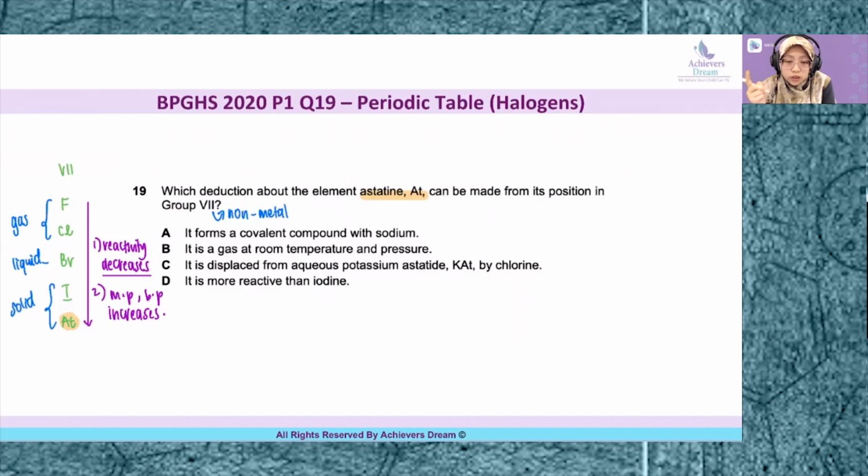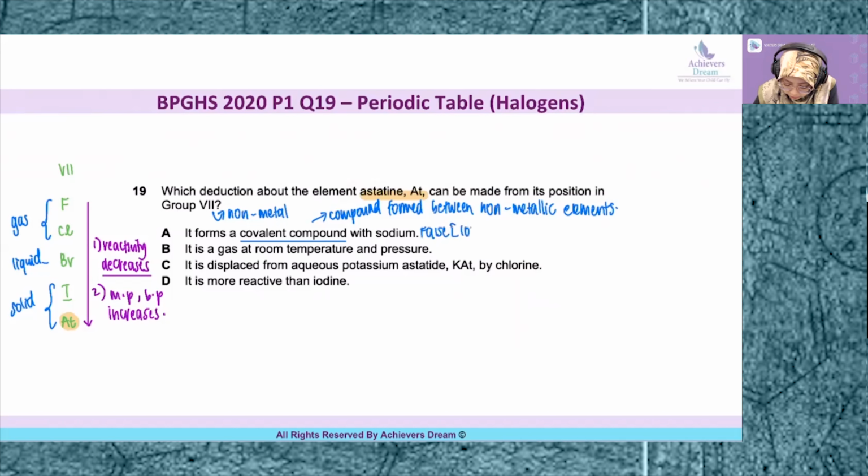A covalent compound is formed between non-metallic elements. If it is bonding with sodium, which is a metal, then it should form an ionic compound, not a covalent compound. So option A is false, and A is out from our options.